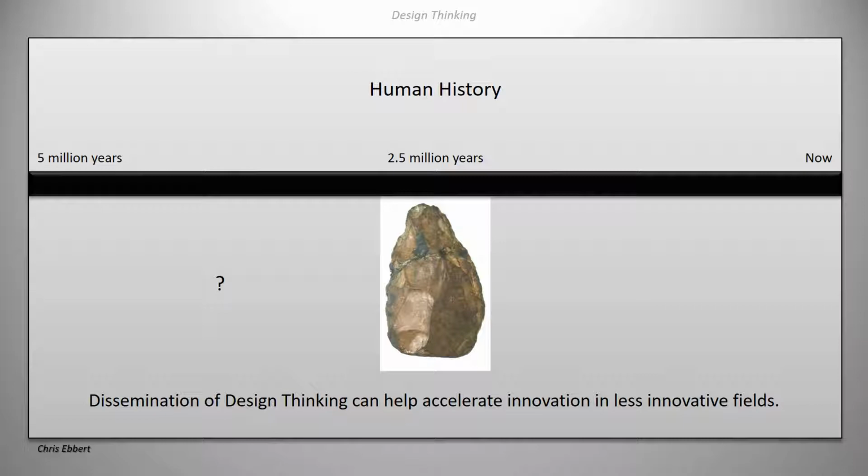I think it's quite possible. So we are saying the dissemination of design thinking can help accelerate innovation in less innovative fields or environments. And that is the main thing about design thinking. It is something we are taking elsewhere.